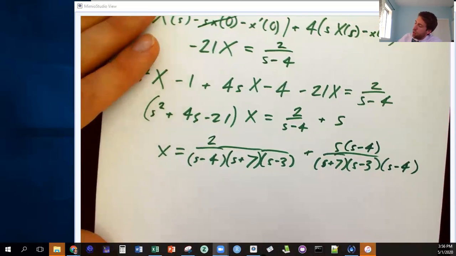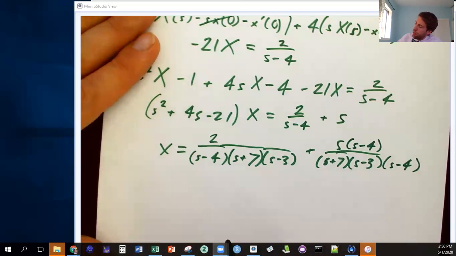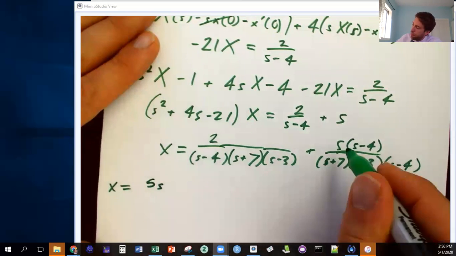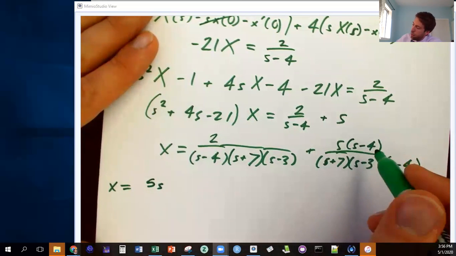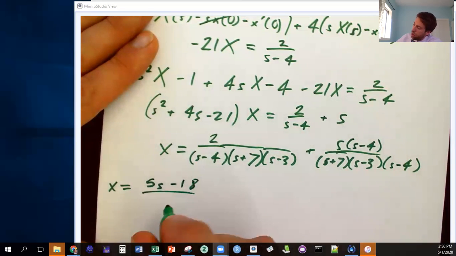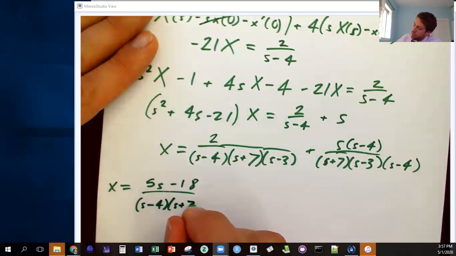Okay, so that means X equals 5s, this is minus 20 but plus 2, so minus 18, over s minus 4, s plus 7, s minus 3.